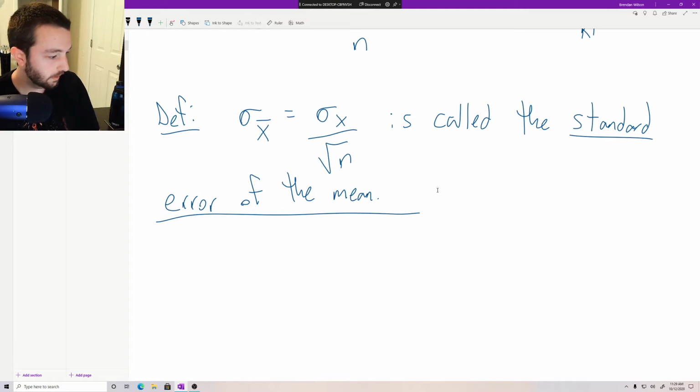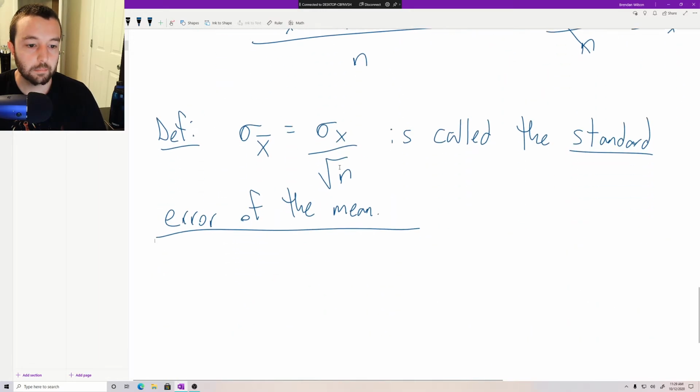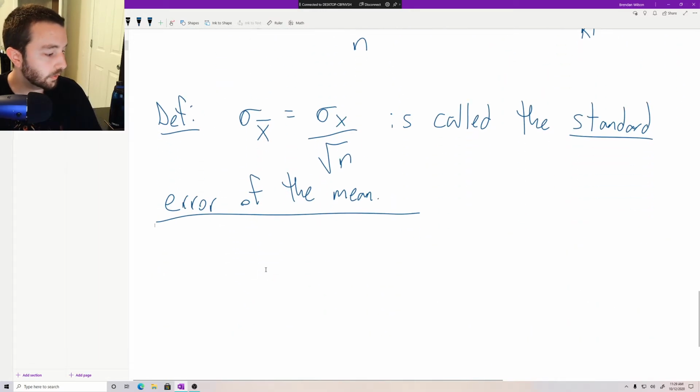7.2, I'm going to kind of skip over. It pretty much goes through the same thing, except it does it with only sums. So with this one, we're talking about the mean of the sums. In 7.2, it does the same thing, except it does it only with the sum.